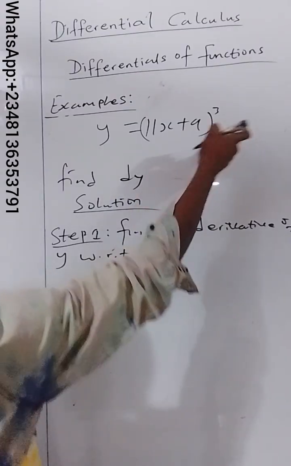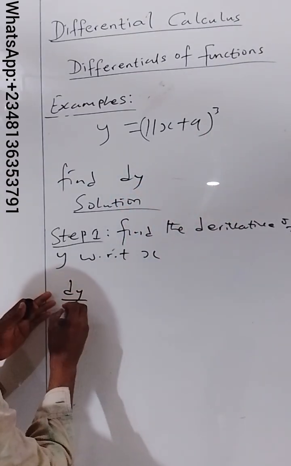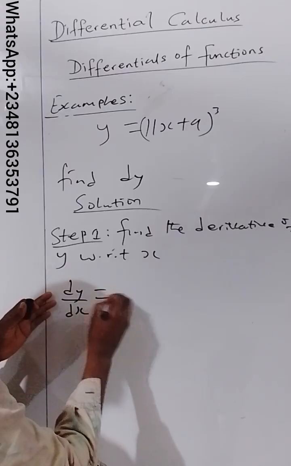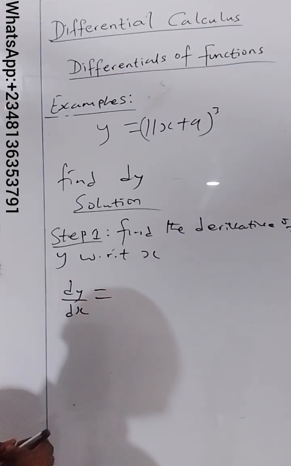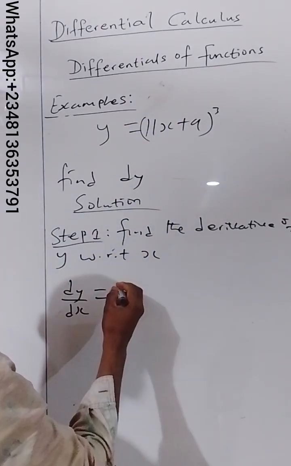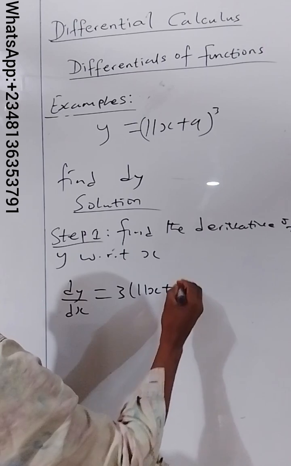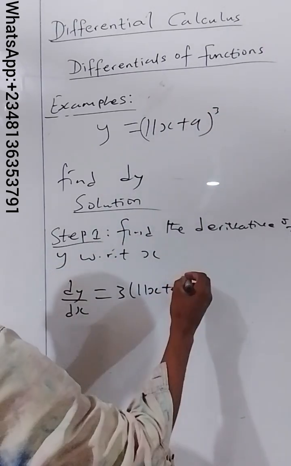If we apply the chain rule to this, we are going to have dy/dx equals, in applying the chain rule, what do you do? You bring down the power. So we have 3, then we have 11x plus 9, then we subtract 1 from the power, so we have squared.